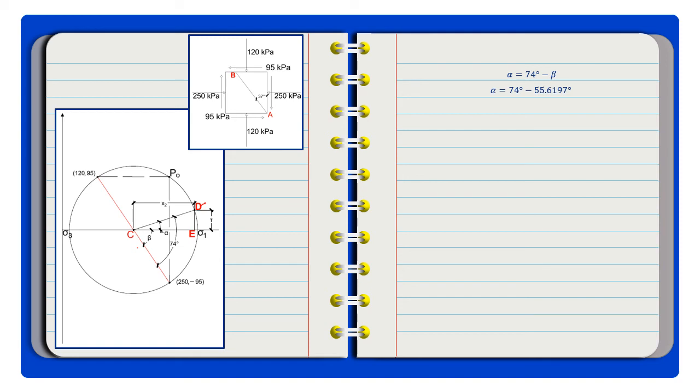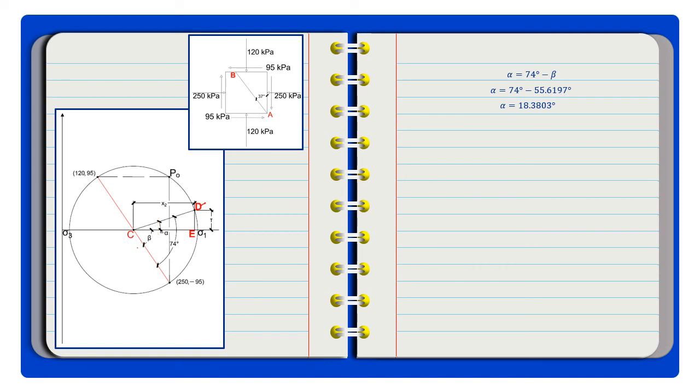Then, our beta na nakuha natin kanina is 55.6197. So, alpha is equal to 74 minus 55.6197. So, our alpha now is 18.3803.